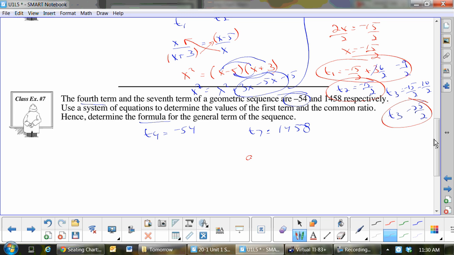So AR to the 7 minus 1 equals 1458. All I did was put the seventh term into the formula, and I know at the seventh term, it's 1458. And then right underneath, I'm going to do AR to the 4 minus 1 equals negative 54.